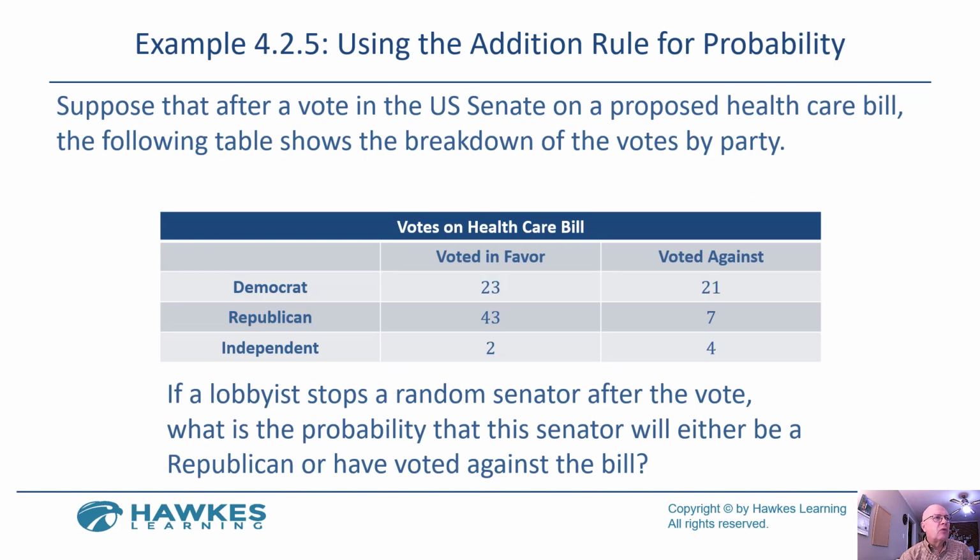Using the addition rule for probability again, we're going to look at a vote in the U.S. Senate on a health care bill. It doesn't say what year, and this is how the voting went.